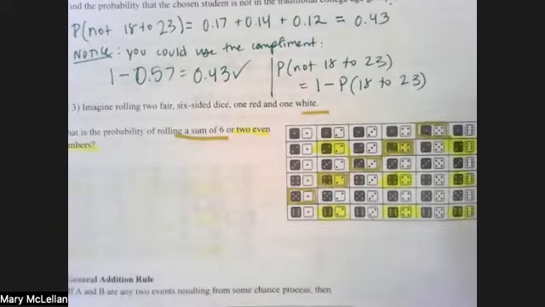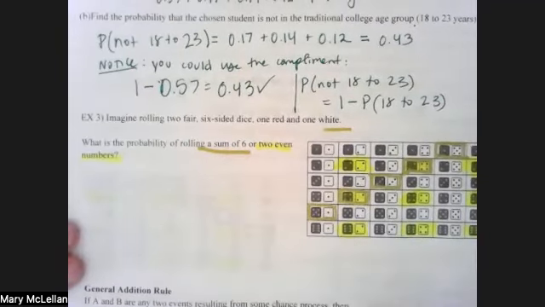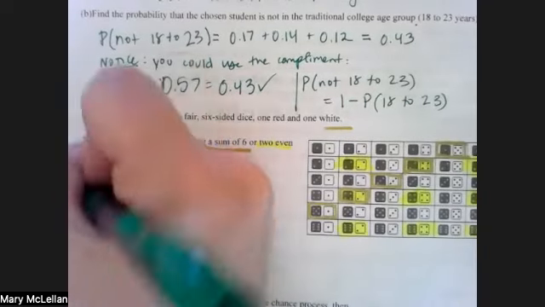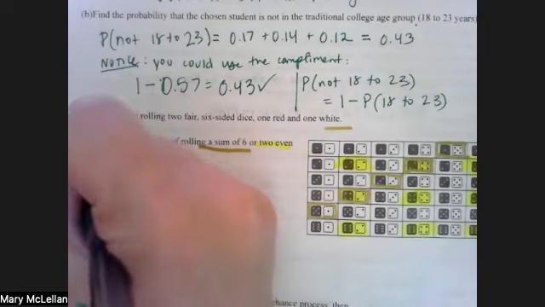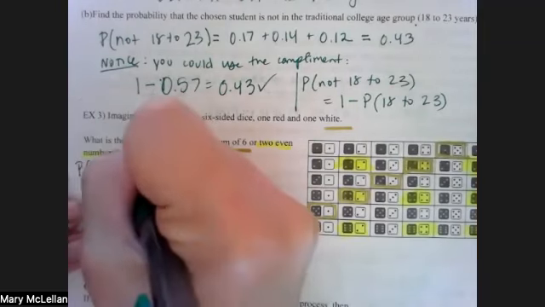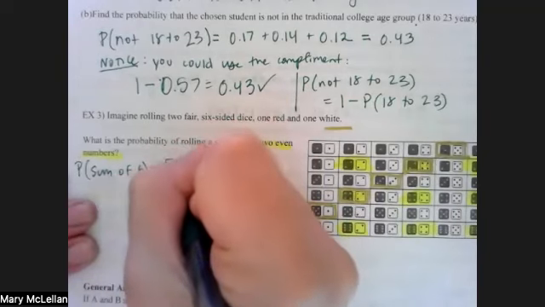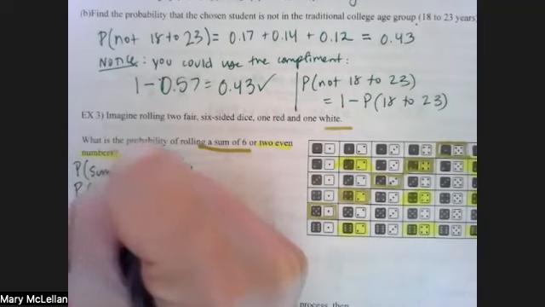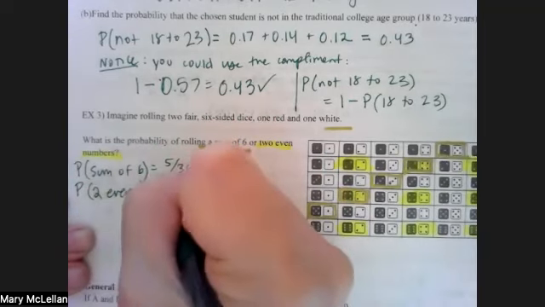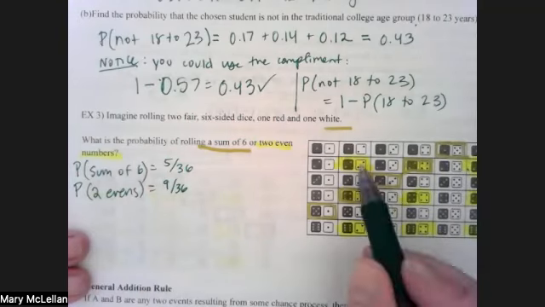And naively, I might think that all I have to do is add those things together because that's what we did last time. So the probability of a sum of 6 is going to be 5 out of 36. And the probability of 2 evens, well, that's 9 out of 36. I counted last time, but I'll do it again. 1, 2, 3, 4, 5, 6, 7, 8, 9.